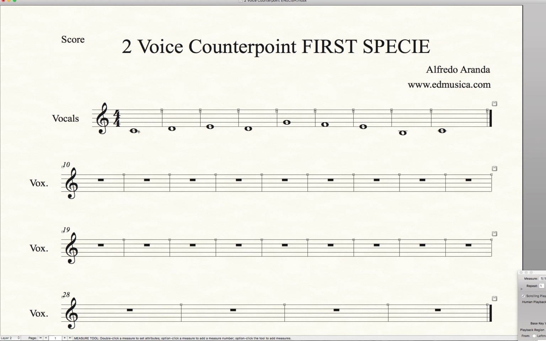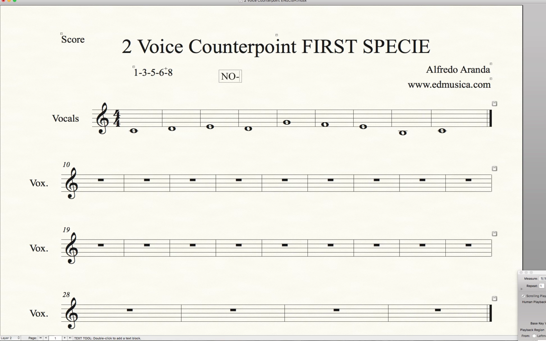Remember, we can only use notes that belong to the one chord. In this case, it is C, E, or G. Anything is fine. And remember, the intervals that we can do are the first, the third, the fifth, the sixth, and the eighth. Those are the ones that we can do, and the ones that we cannot do, I'm gonna say a no right here.